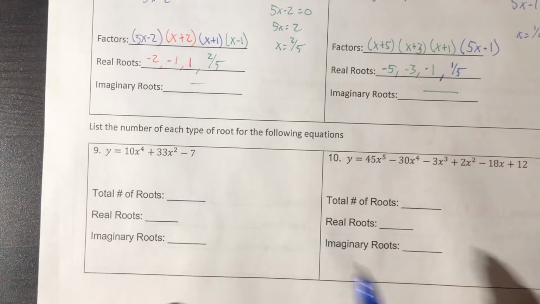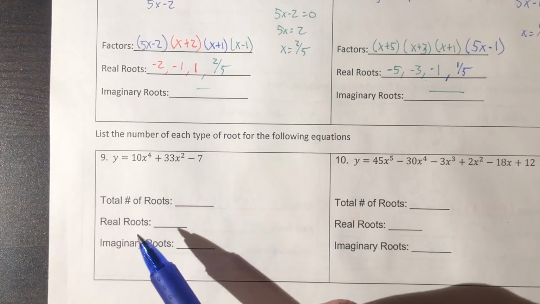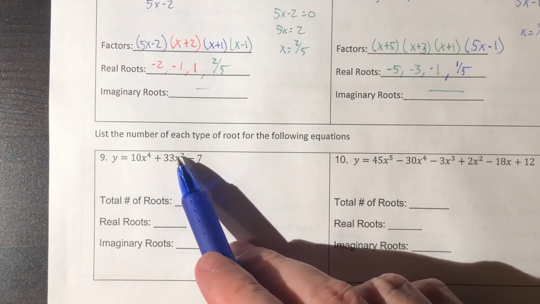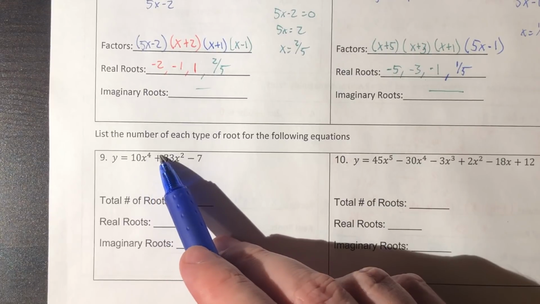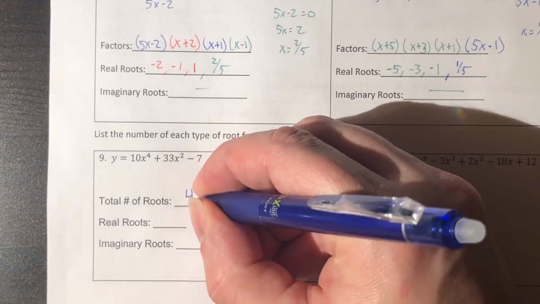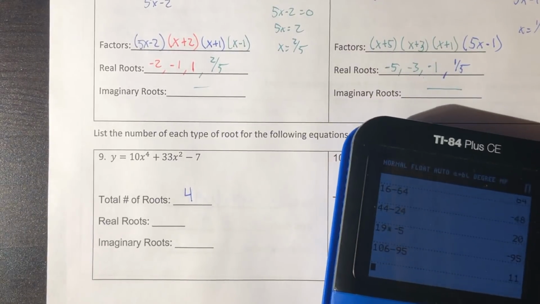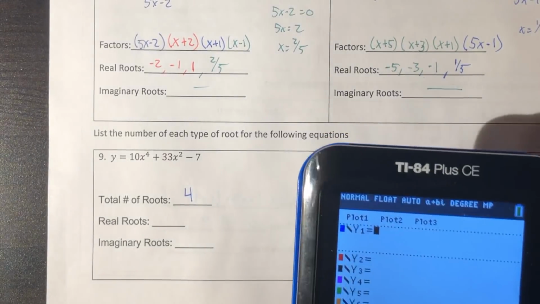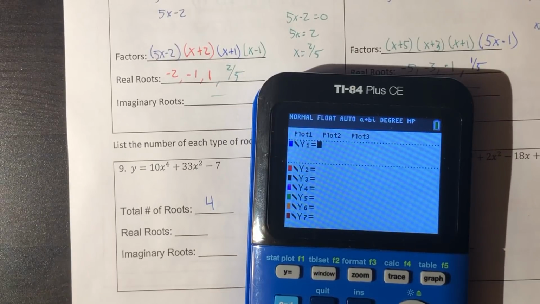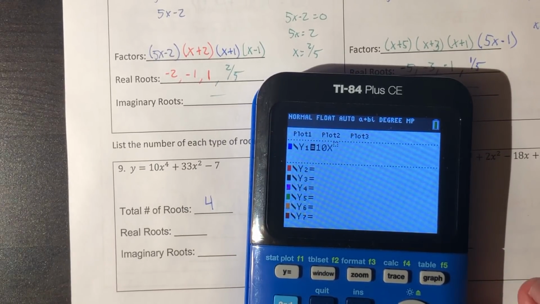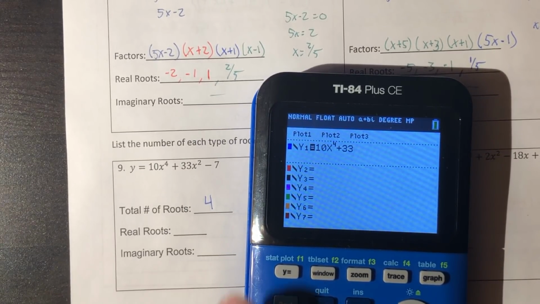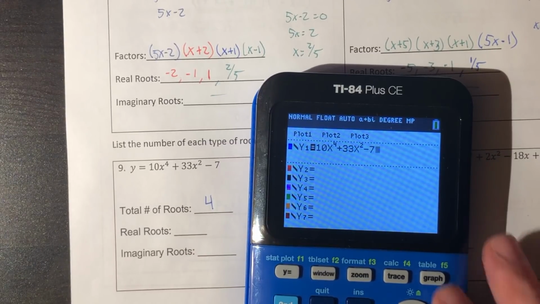9 and 10, we're wanting to know the total number of roots. So I'm looking at the highest exponent, so that is 4. So that's the total roots I'll have. To determine how many of them are real and how many of them are imaginary, I put it into the calculator. 10x to the power 4 plus 33x squared minus 7.